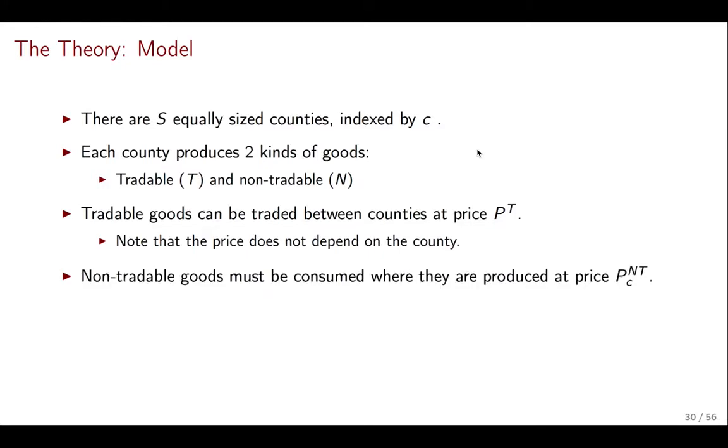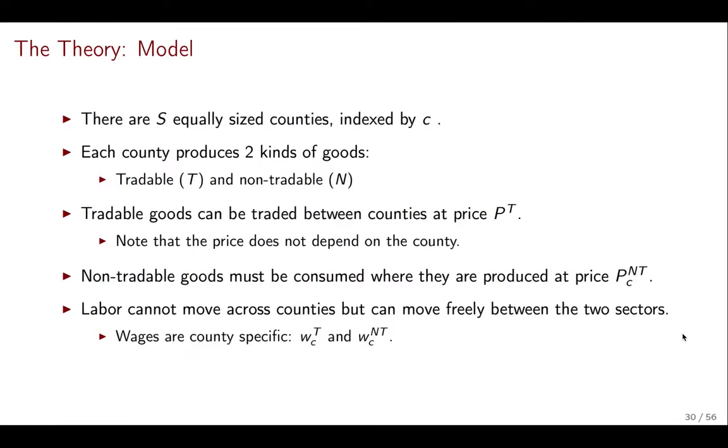On the other hand, non-tradable goods must be consumed where they are produced, and so their price depends on the county. And this is what I meant by indexing. When you see the subindex C, it means that this is the price of non-tradables in county C, as opposed to this price that has no index. So it is common to all counties.